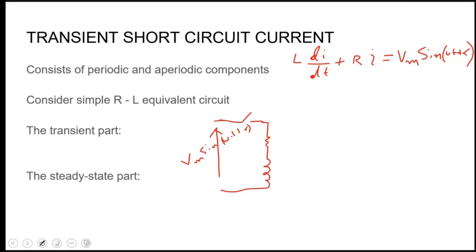Now, its solution consists of two parts, as already told. One is the transient part. What is the transient part actually for a simple RL circuit?